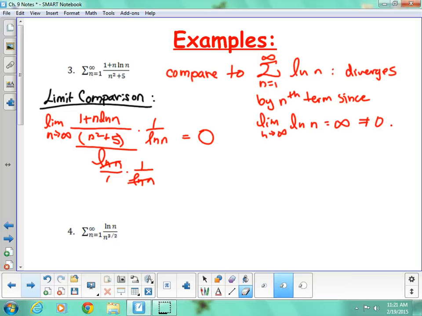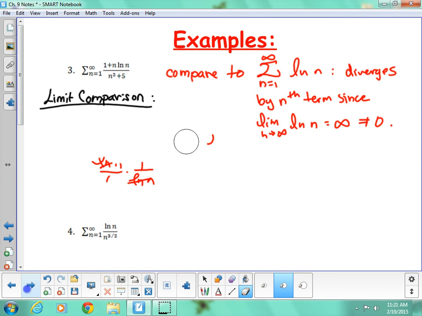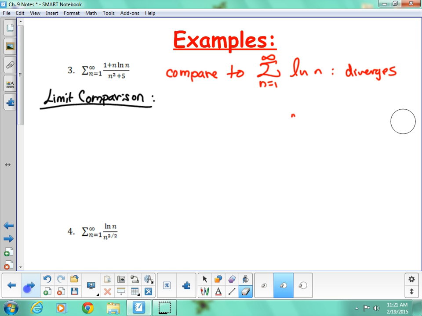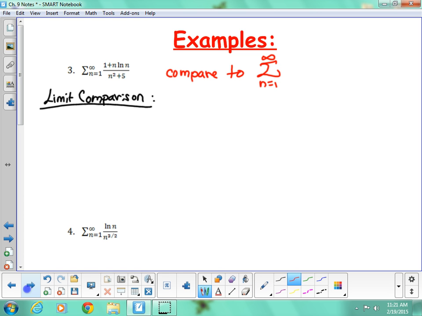Okay, so hold on. Do we want to compare to ln when we have ln? No, because diverging. How about ln n over n? It's okay because now it's equal to 1. And then it's not that hard. ln n over n.